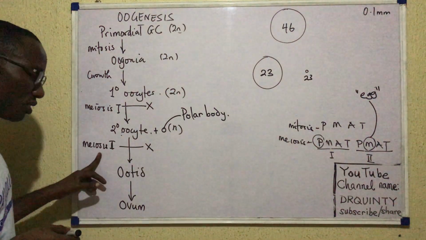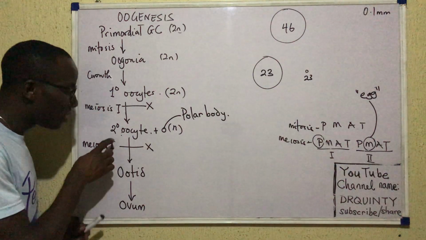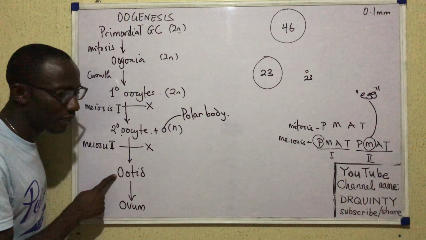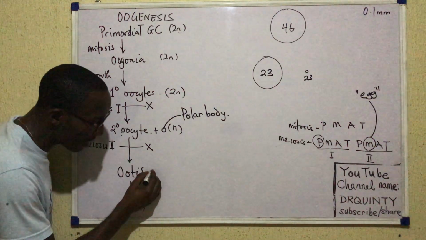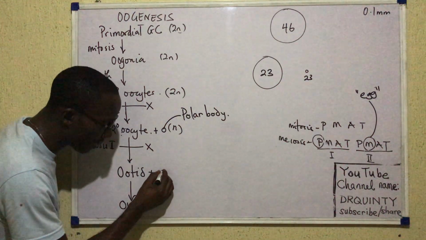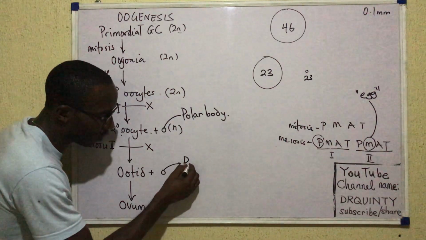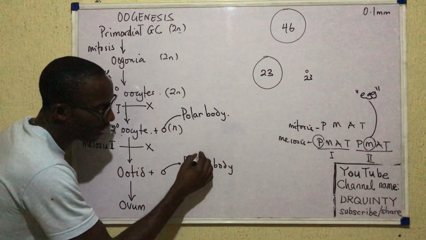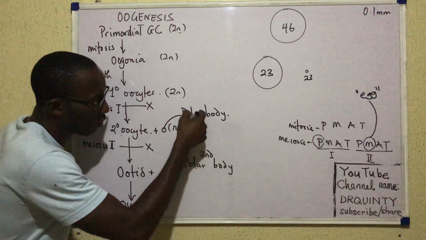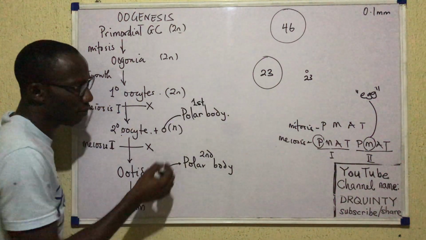Then this meiosis 2, the secondary oocyte becomes an ootid, yes. But apart from the ootid, there is also another polar body. So this is also a polar body. And as such, we want to call this one second polar body, while we call that one first polar body.